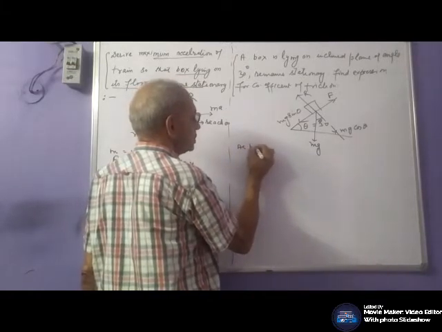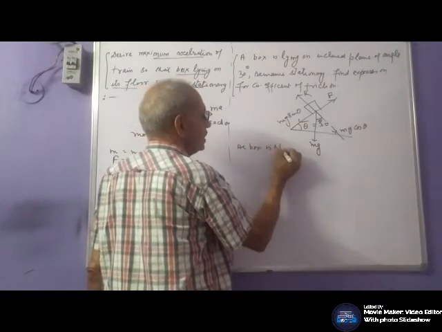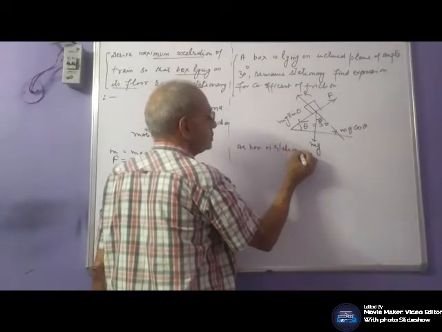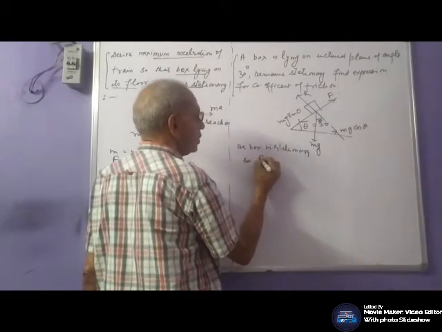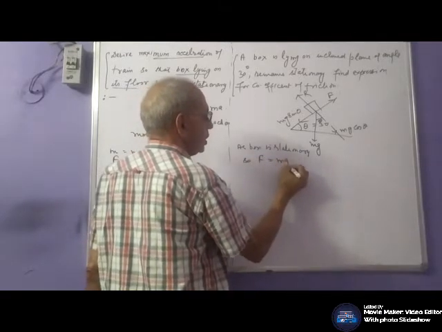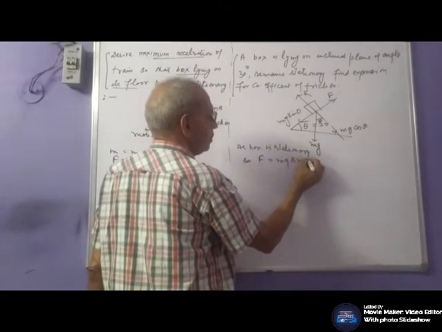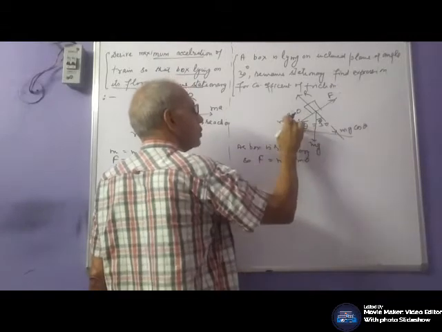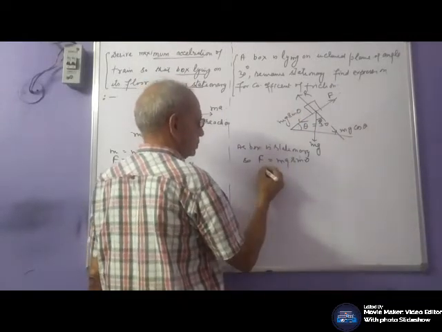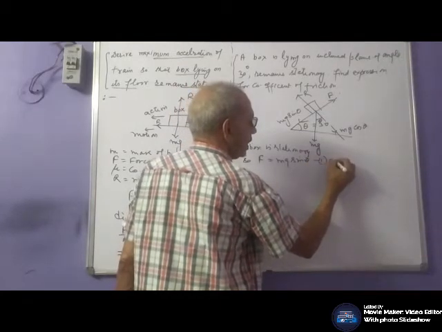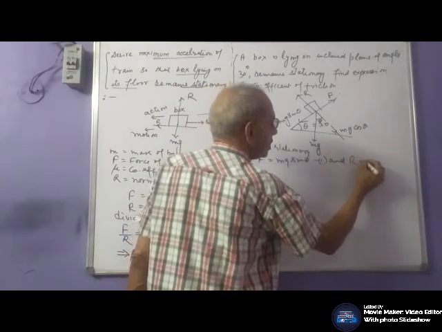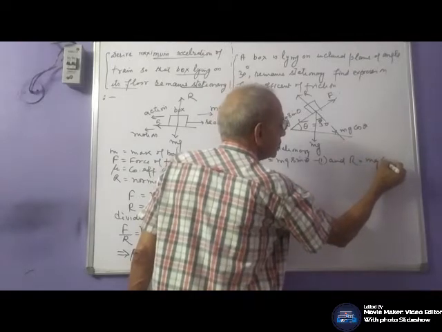As the box is stationary, F is mg sin theta. This will balance this. And R is mg cos theta.